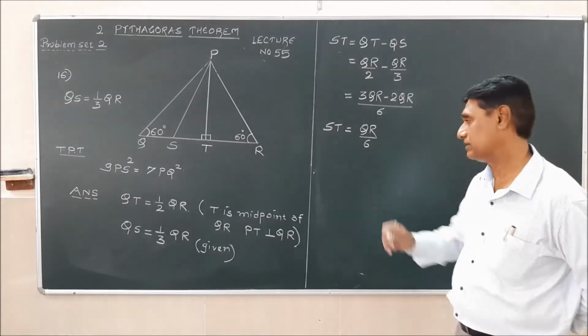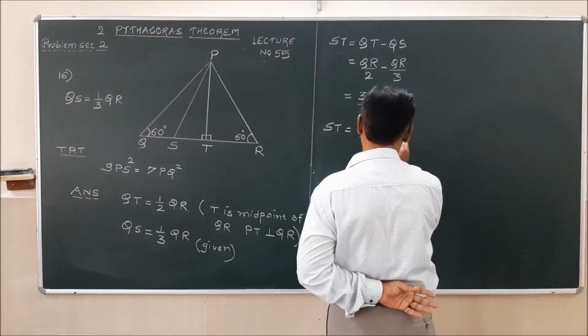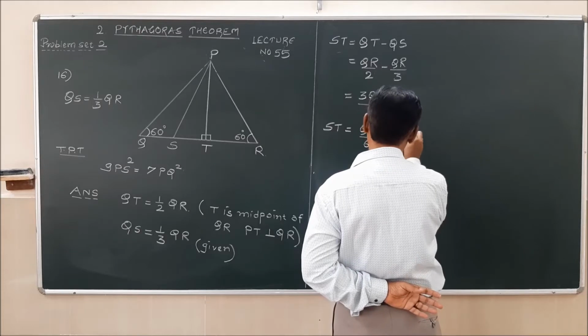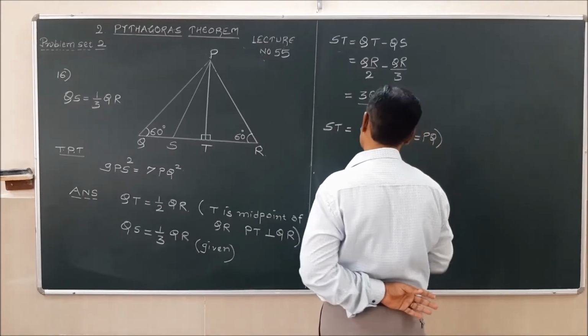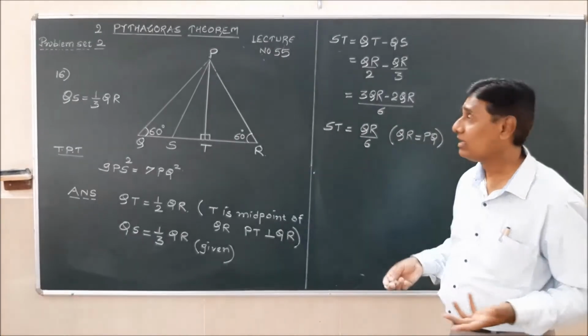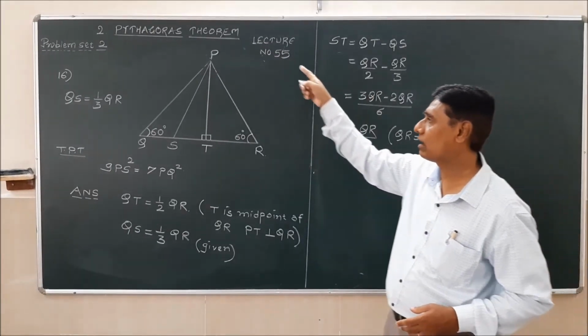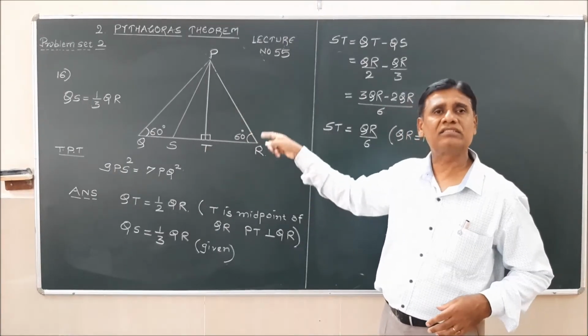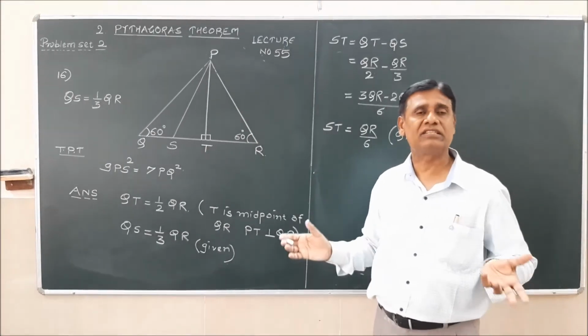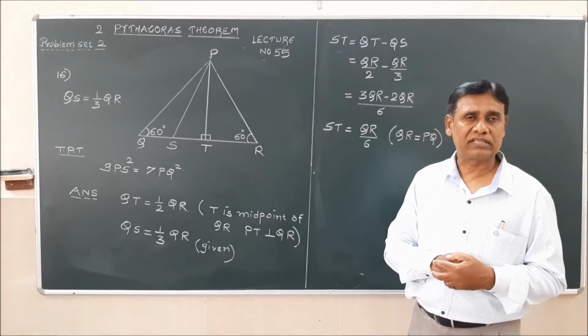But QR is equal to PQ. Why? Triangle PQR is an equilateral triangle. All sides are congruent.